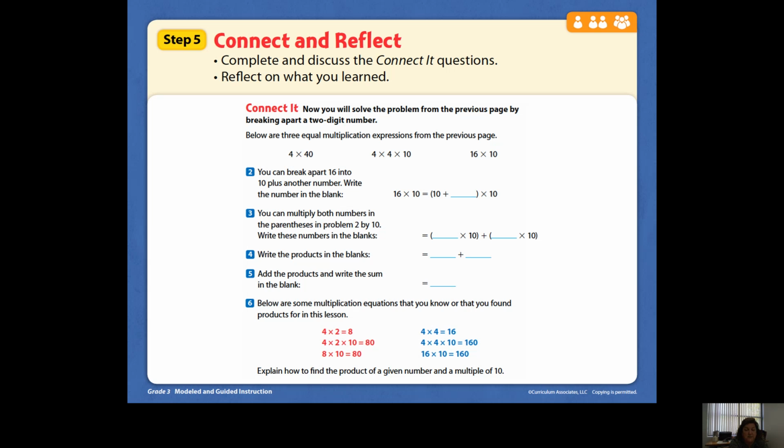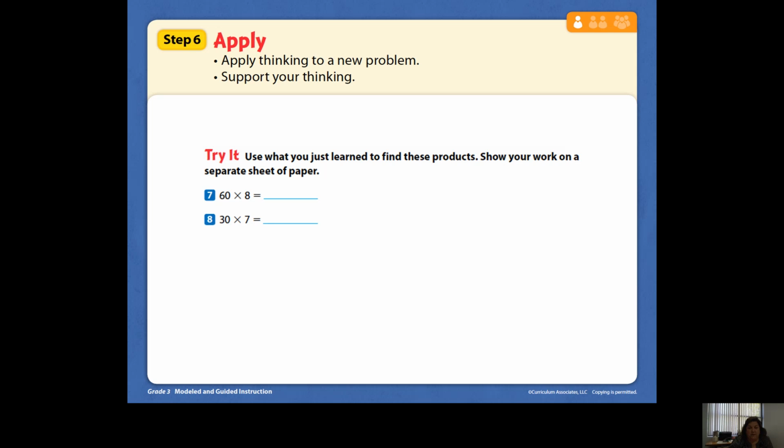So we have the 8 times 10 and the 16 times 10. So what they're wanting you to do is to think about how they broke those down, and explain it. So I'm going to let you do that on your own. And then for 7 and 8, they have a try it. Just try these two problems on your own. Remember not to make a big deal out of it.